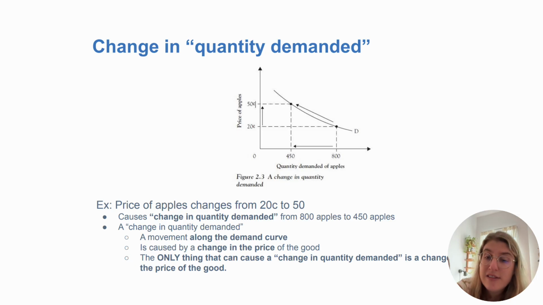Notice that this doesn't involve a new demand curve. The curve itself hasn't shifted. Instead, we're just moving along the same demand curve from one point to another. So the key takeaway here is that the only thing that causes a change in quantity demanded is a change in the price of the good itself, nothing else. All other factors will shift the demand curve, but with a price change, we only move along the demand curve.